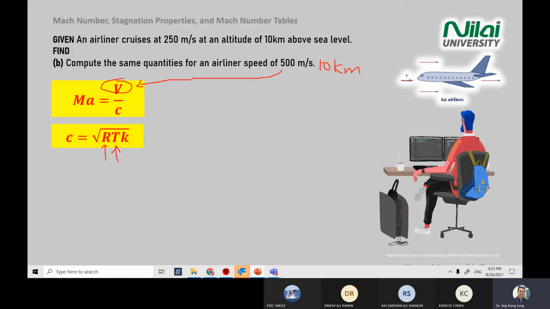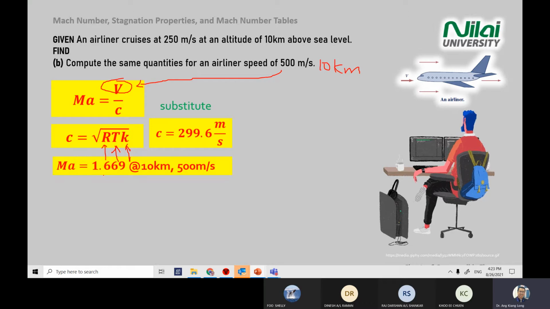So k is still the same, and you still get the same c value, 299.6. You substitute, and your Mach number is 1.669 when you increase the speed to 500 meters per second. So your Mach number is more than 1, and in this scenario it's supersonic flow.